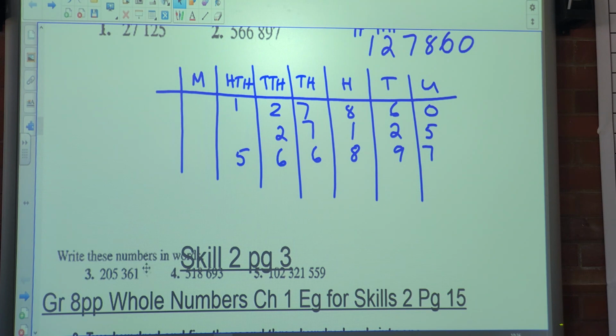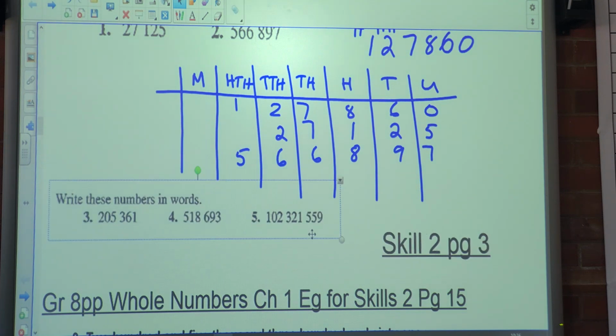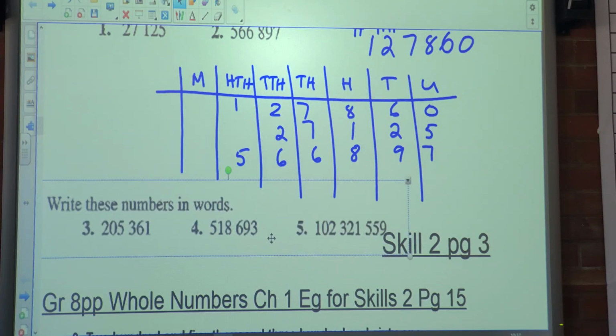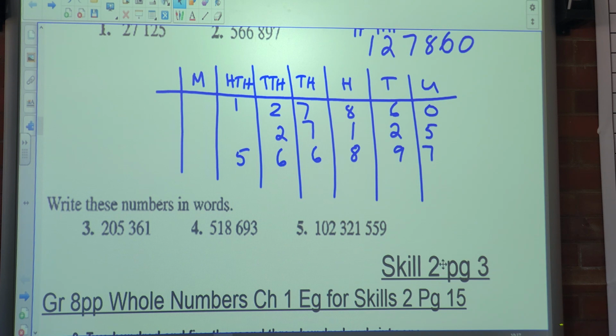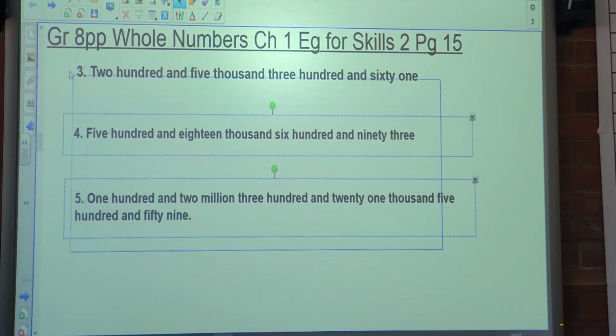So let's look at the next part of the work. Here we are told to write these numbers in words. I did it already, just put it down for me.